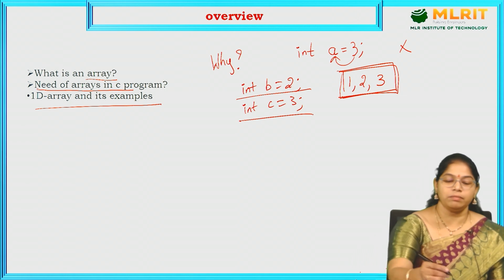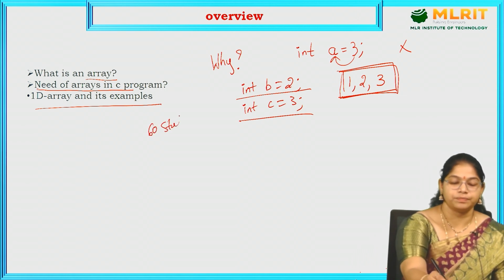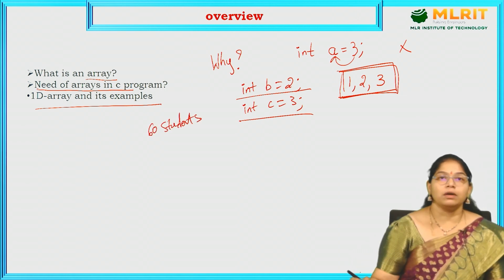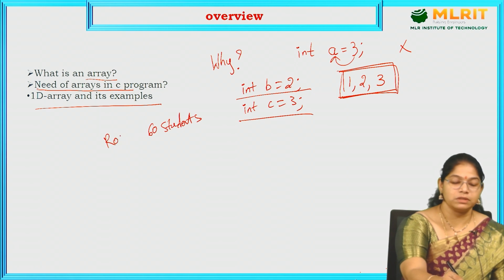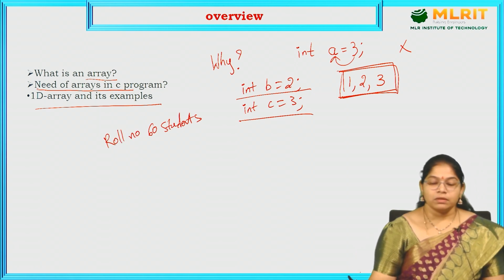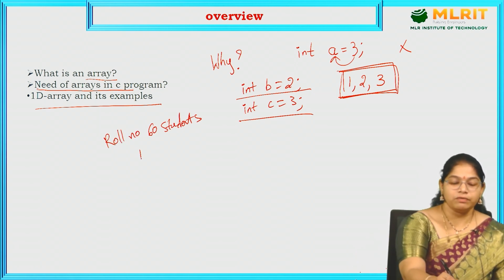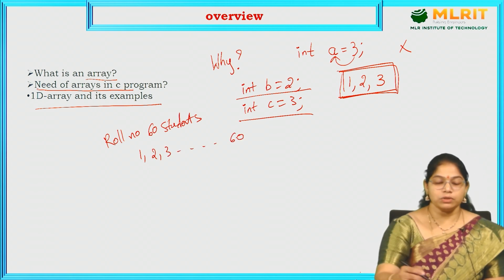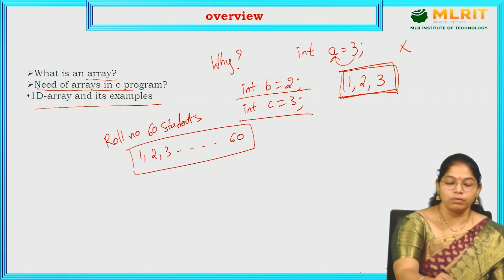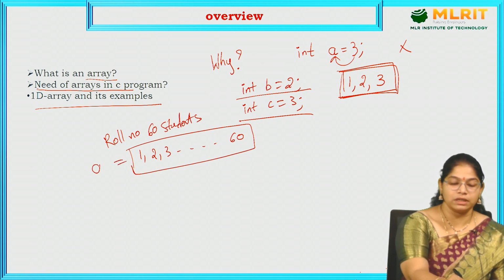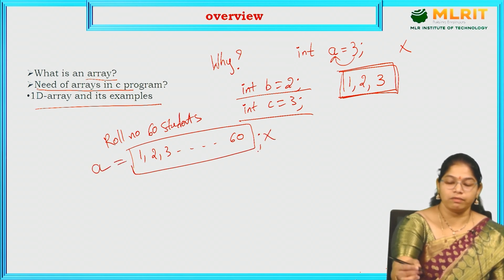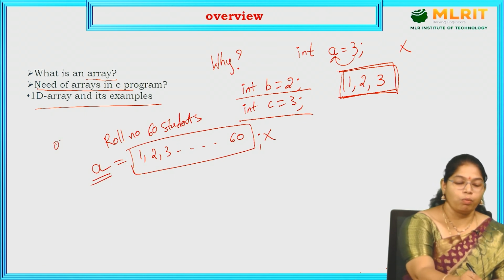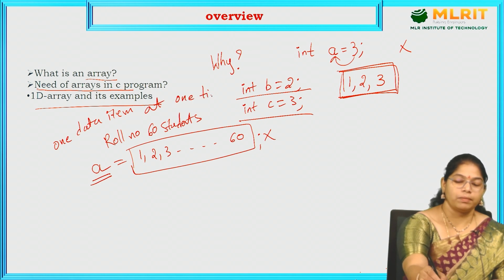Let us suppose in my class there are 60 students. I want to store the roll numbers of all 60 students. So let us suppose the roll numbers are starting from 1, 2, 3, so on 60. Is it possible to store these entire roll numbers of 60 students in a single variable? No, a single variable can hold one data item at one time.